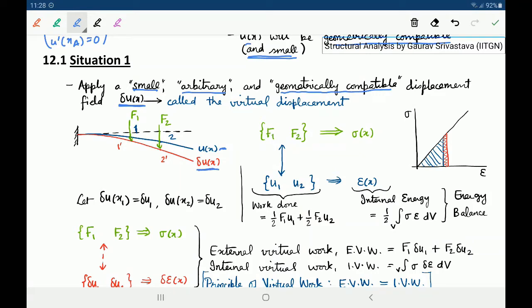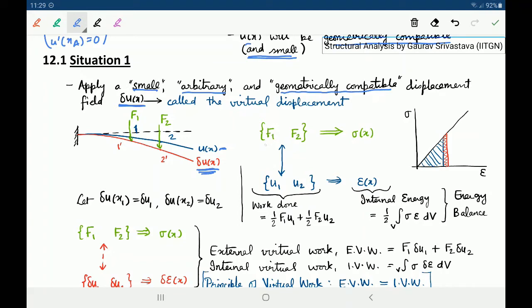The points 1 and 2 which were at locations 1 and 2 earlier, let's say they now move on to positions 1 dash and 2 dash. One thing to note now is that earlier, between forces F1 and F2 and U of x there was a cause and effect relation, but this additional displacement field, which is although geometrically compatible, is small and arbitrary, so that has no relation with F1 and F2. That is the crux of it here.